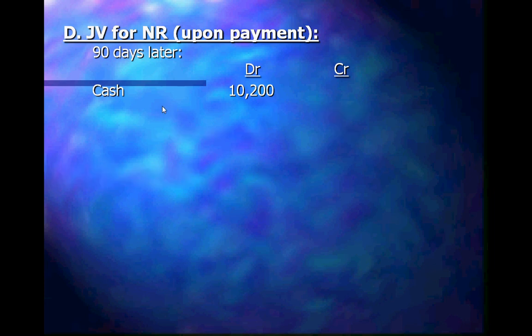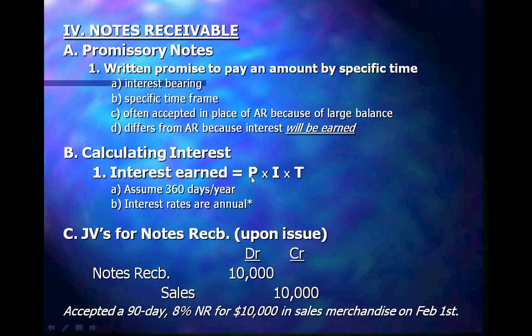It is a $10,000 note. $10,000 note times 8%, so that would be 1% of 10,000 would be 100, so 8% of that would be 800, but it's only for 90 days, so it's only for 90 divided by 360, 1/4. 1/4 of 800 is 200.